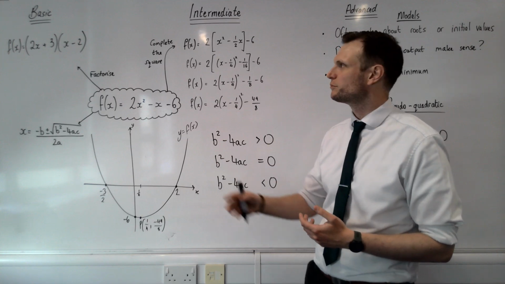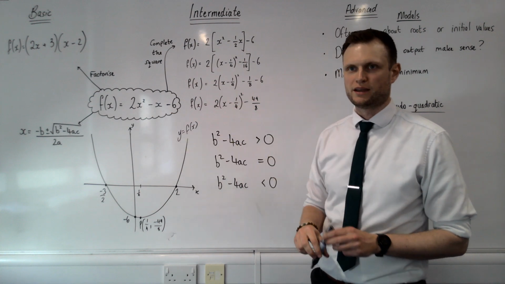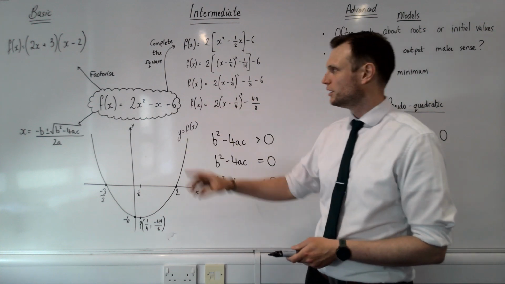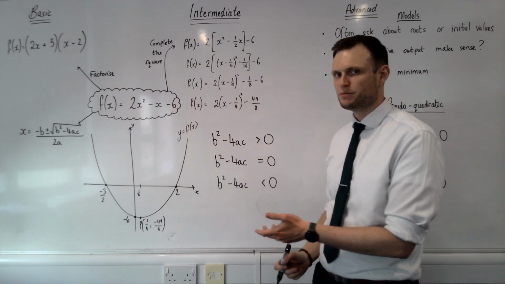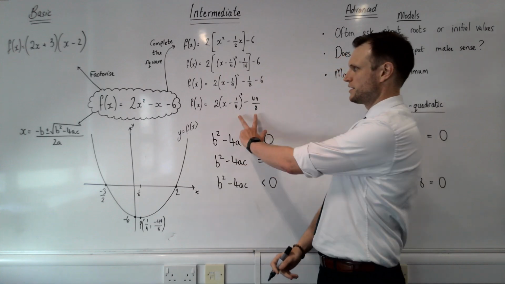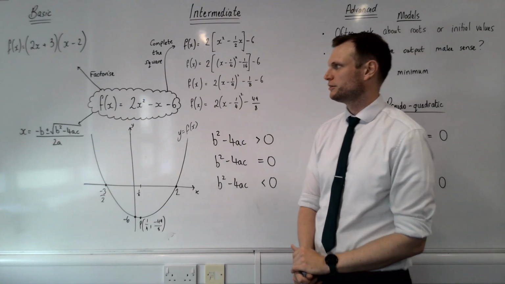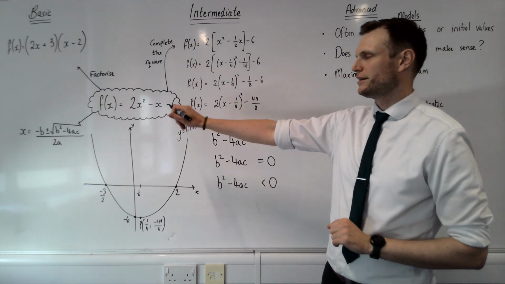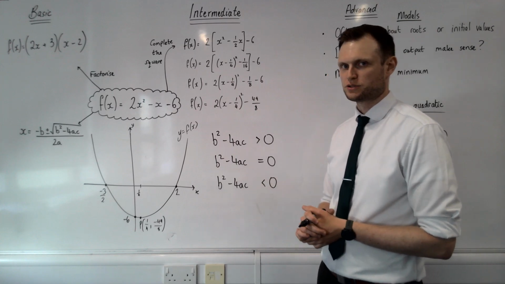And a lot of the time it revolves around these skills of knowing that if something goes through the origin, for example, then there is no constant term. And if something has a minimum point at whatever, then you can put that minimum point in, kind of going backwards. So yeah, the 3 different ways of writing a quadratic all have different uses when it comes to understanding that quadratic.